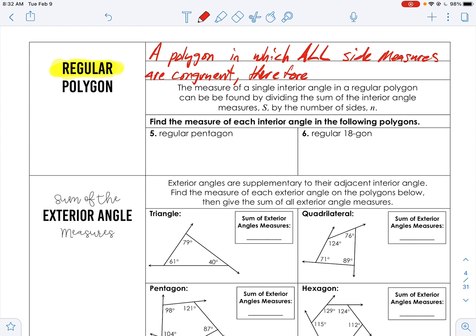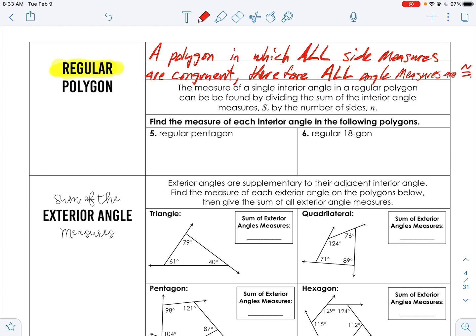Therefore, all angle measures are congruent. I'm going to use the symbol because I ran out of room. All the sides are congruent. All of the angles are congruent. So this is equiangular and equilateral. Okay.